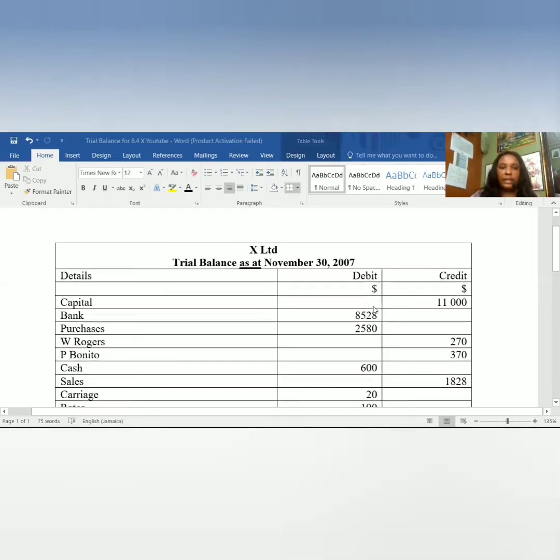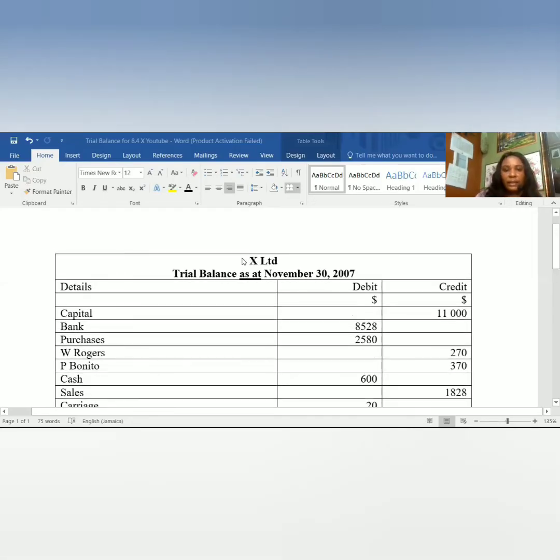Okay, so here is my trial balance, X Limited. I like to give my trial balance its name. Trial balance as at, the question had said, as at November 30, 2007. You have the details, you have the debit side, you have the credit side. As we saw in the T account, the capital account, the balance BD falls on the credit side.